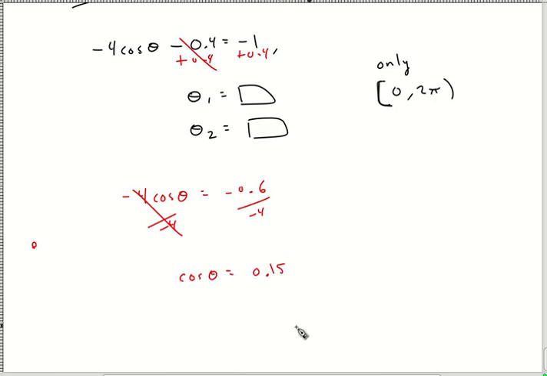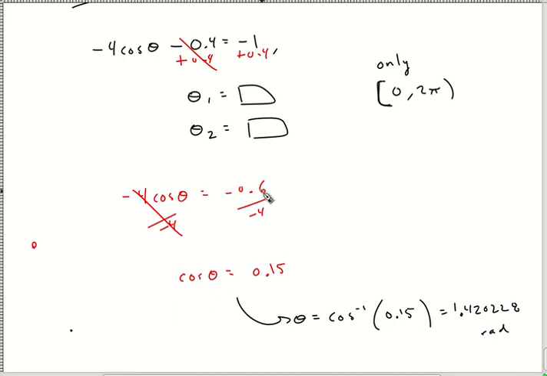Okay. Now, of course, what we're going to do to find theta is the arc cosine. Especially when it's like a decimal just kind of hanging out, got to use the calculator at some point. 1.420228. Again, that's radians. So what does that mean?